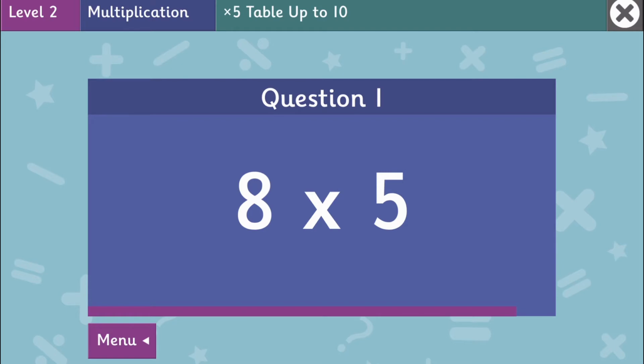8 times 5. So 5 lots of 8, count on your fingers in fives. Go. Question 2, 4 times 5 or 5 times 4? 4 lots of 5 or 5 lots of 4?